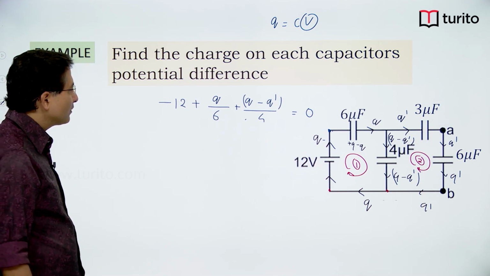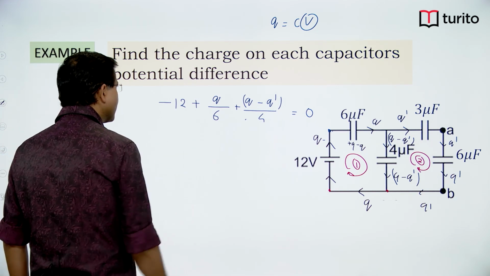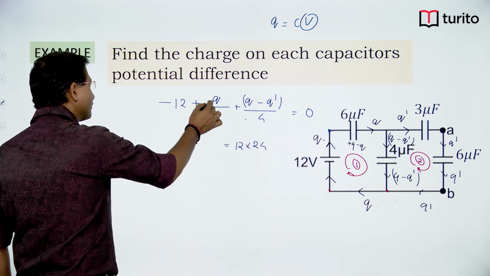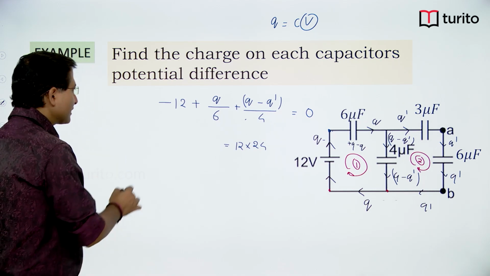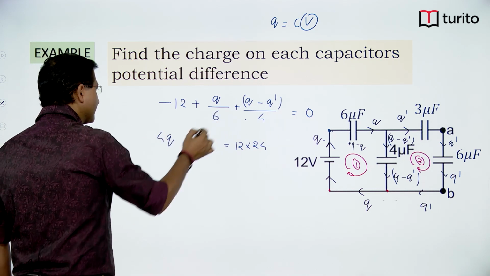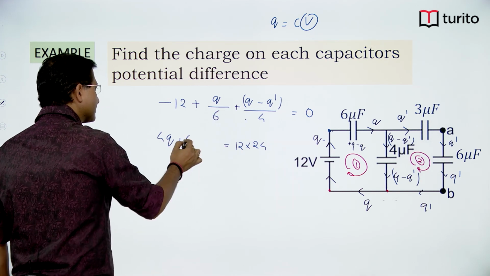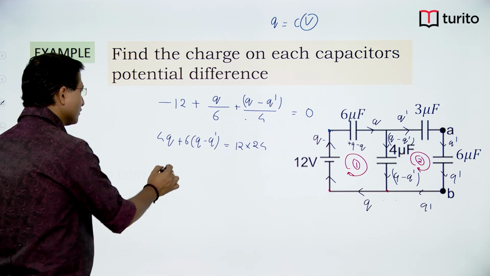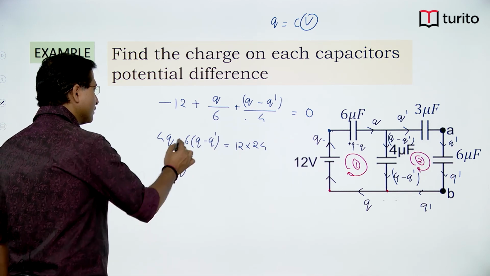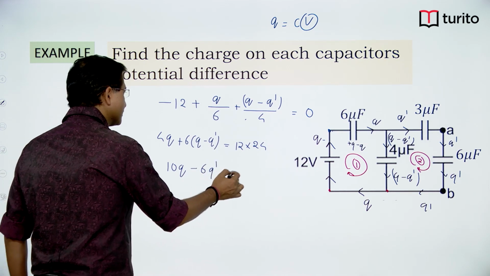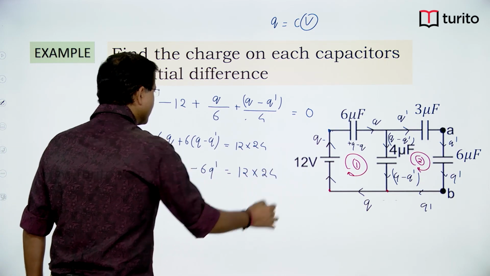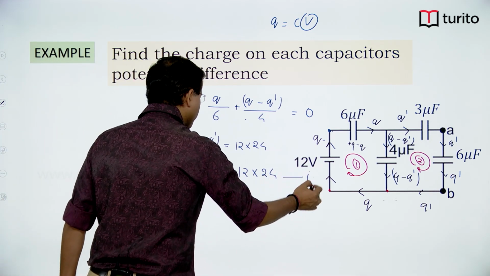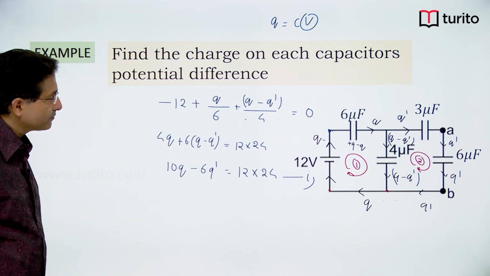You can further simplify, multiply this whole quantity by 24, this will become 12 into 24, and I can see 4Q here, and then I can see 6 into Q minus Q dash. So 10Q, the final equation will be 10Q minus 6Q dash is equal to 24 into 12. So this is our first equation after simplification. Second equation, take this loop.